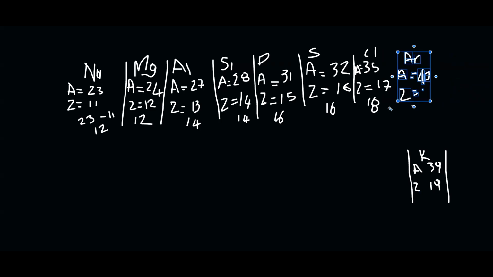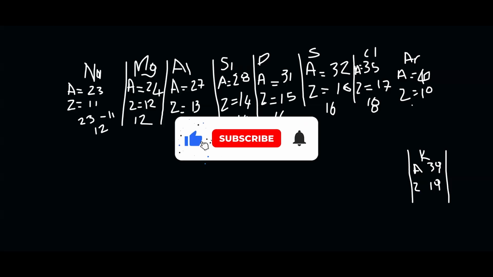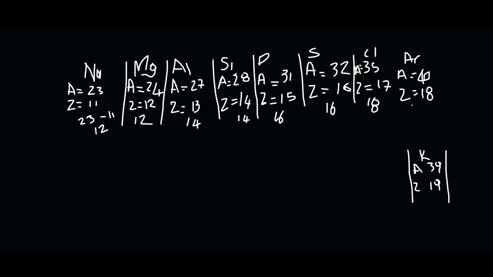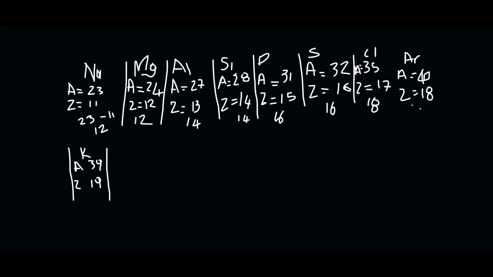We're at the 18th element now, so argon would be 18. So 40 minus 18 would be what? 22. Good. So that's 22. And then we're at potassium now.